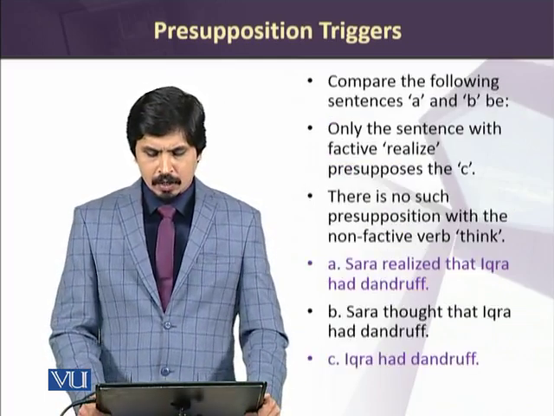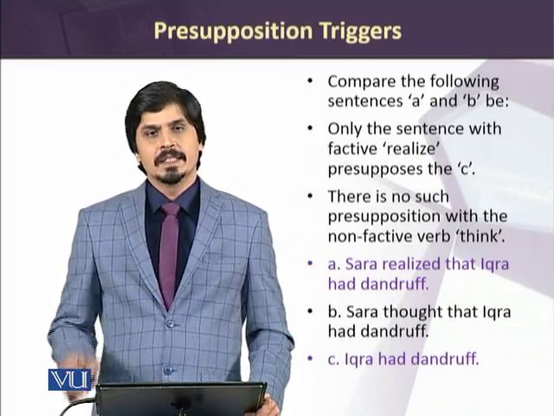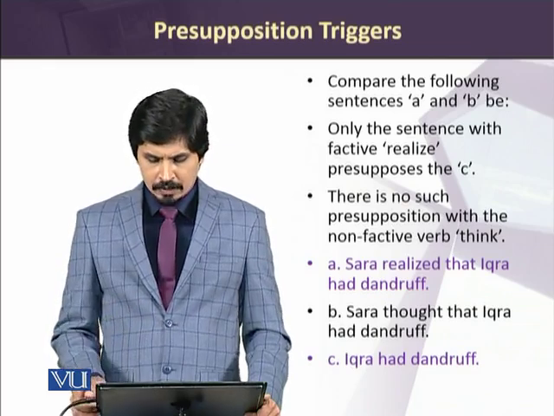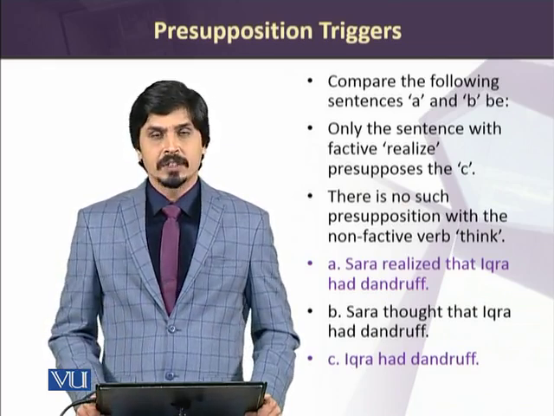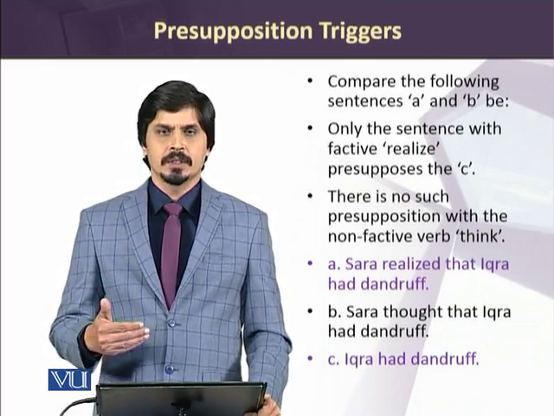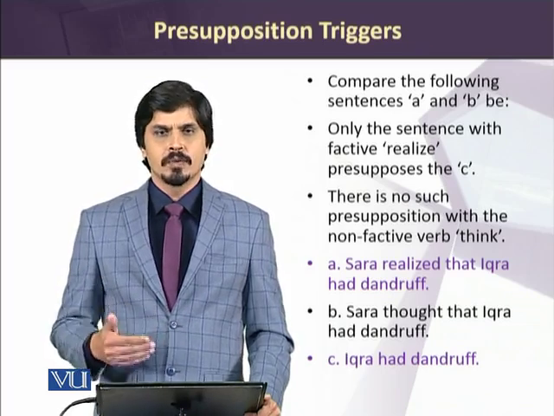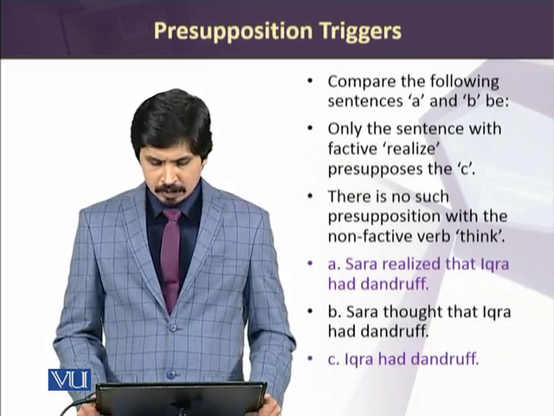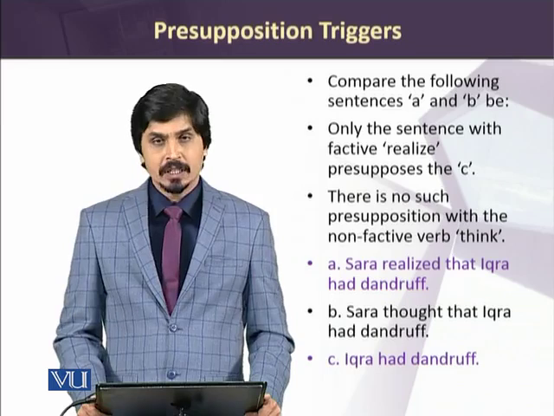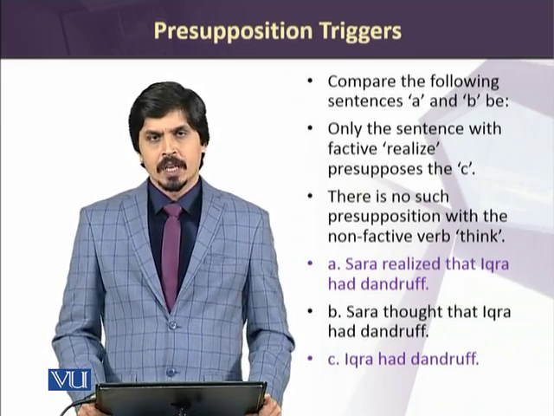For example, only the sentence with the factive verb realize presupposes the C in the following statement. We have three sentences in front of us. The first two sentences are built with the help of factive and non-factive verbs respectively. A is built with the factive verb realize, and B is built with the non-factive verb think.